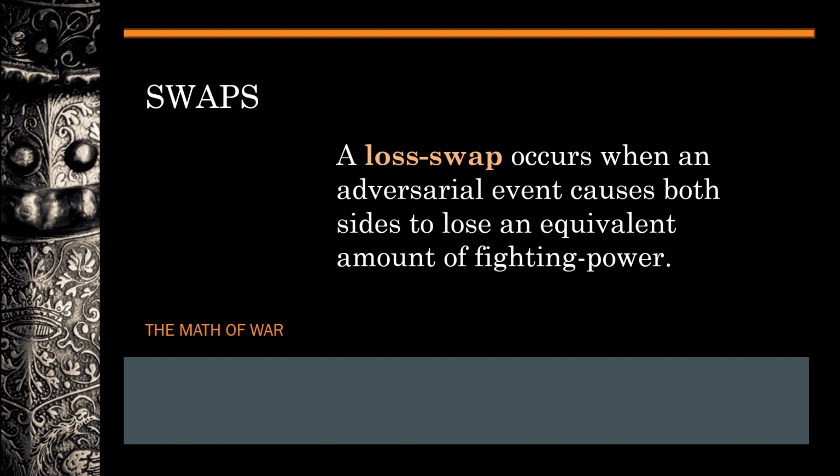The term adversarial event sounds very broad and kind of dry, but let's go with that for now to encompass the many different types of contest that can occur. Such a term encompasses a battle, a siege, a blockade, and other overtly warlike events, but it also can include other kinds of struggles, such as an embargo, or a lawsuit, or a game of chess.